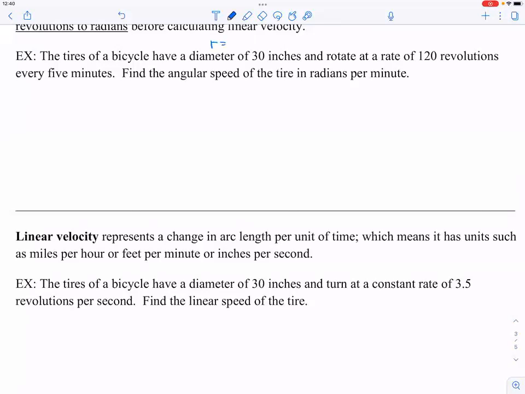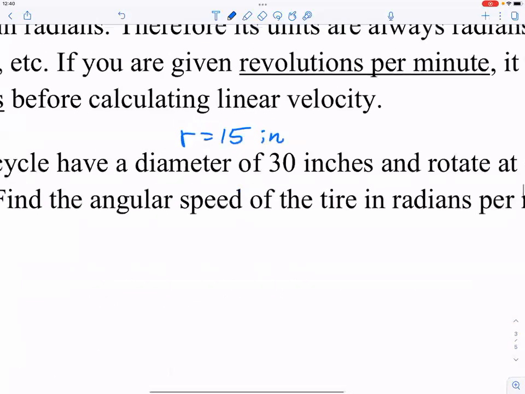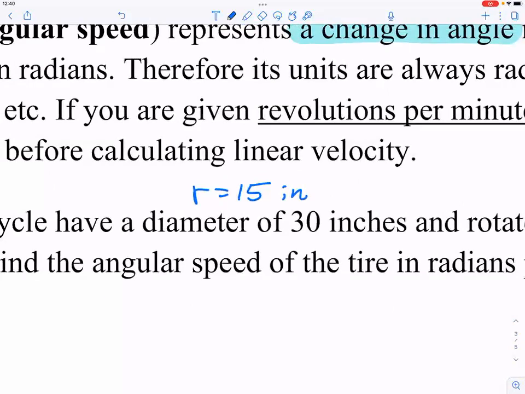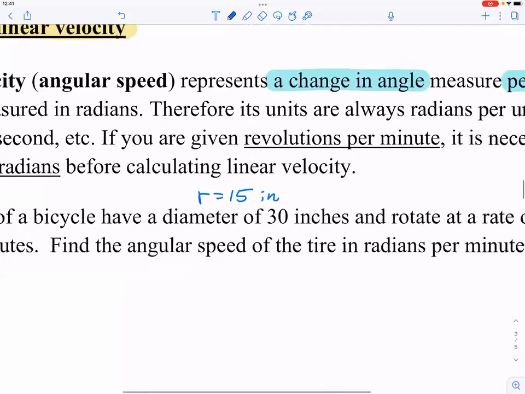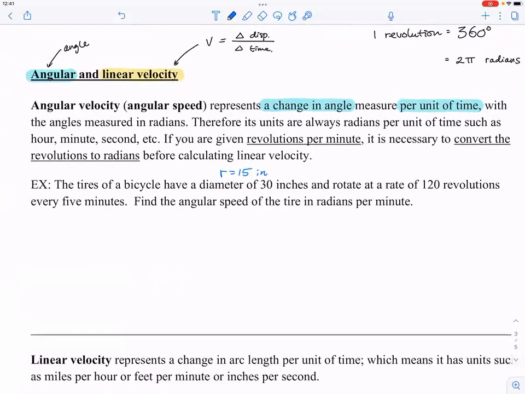What I've seen so often in the past is that when students are doing tests or quizzes, when they do not write down the radius and they're scrambling for numbers to plug in, guess what? They put 30 into the radius. I think this is very preventable. So whenever you see diameter, go ahead, write down the radius.